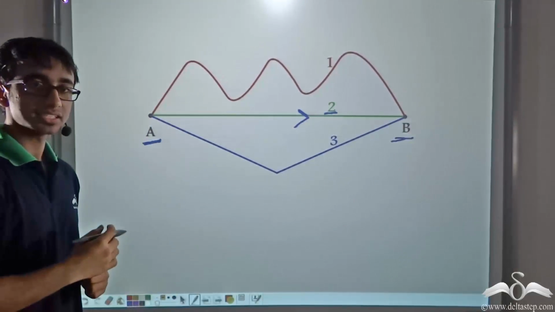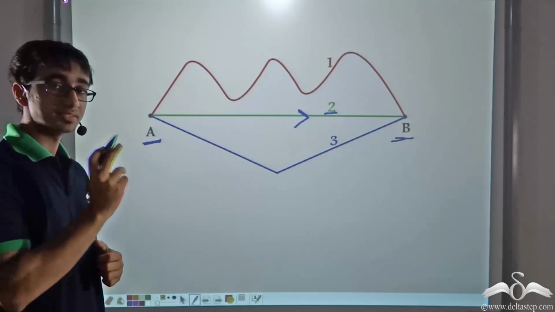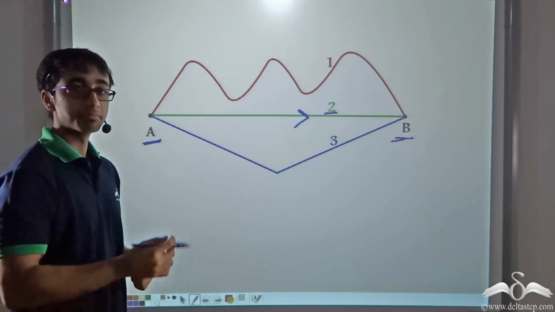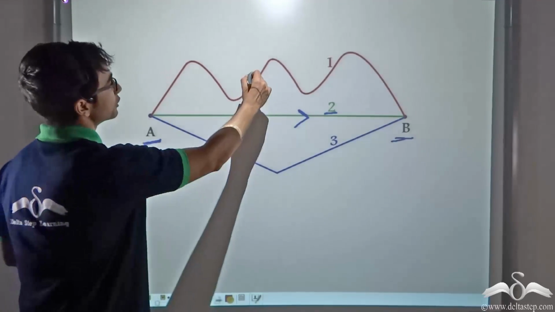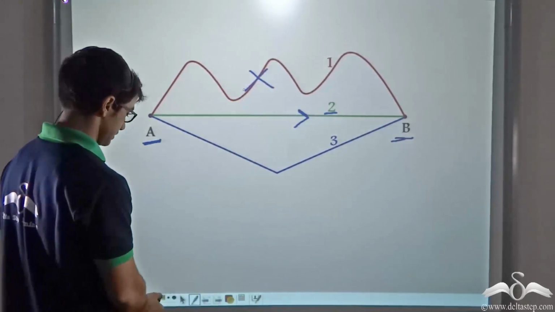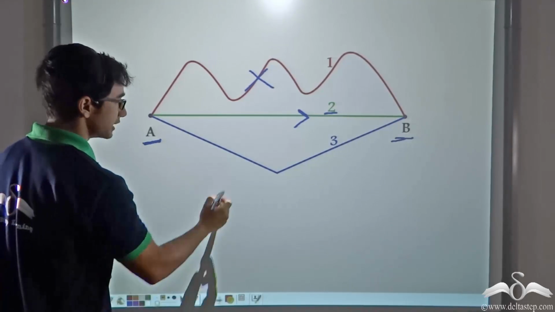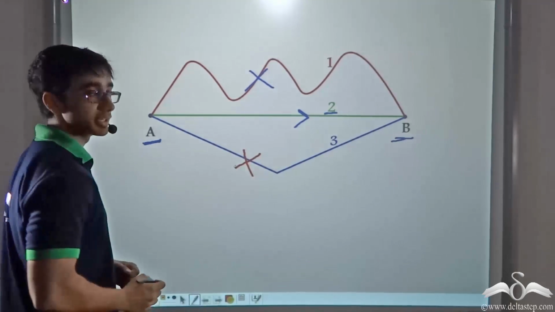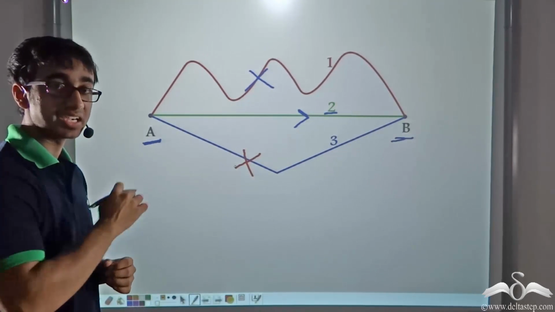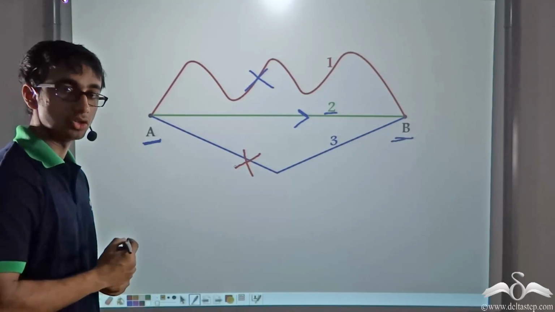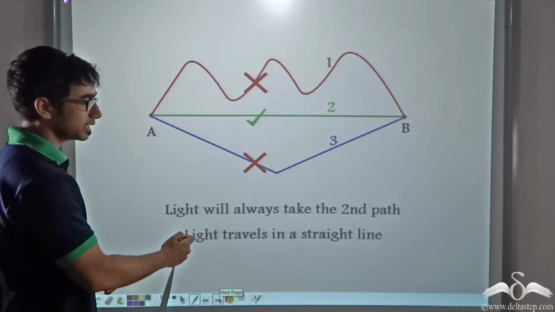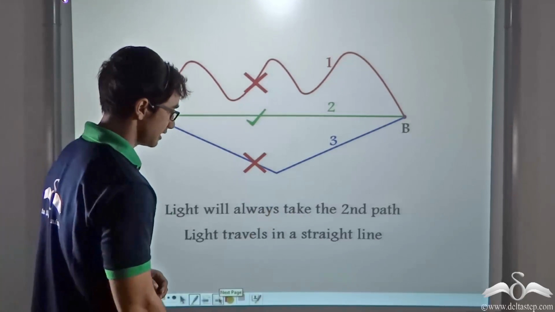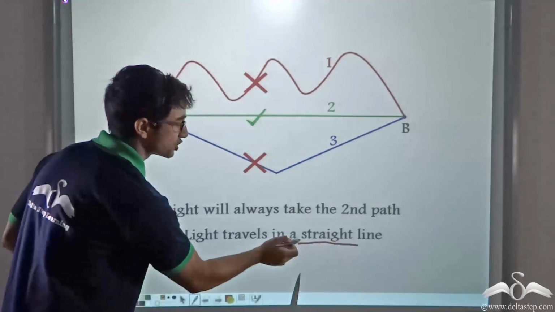Because as I just explained, light always travels in a straight line, and the previous experiment proved so. Light is not going to take path number 1 and it is not going to take path number 3 because these are not straight line paths from point A to point B. Light will always take the second path as light travels in a straight line.